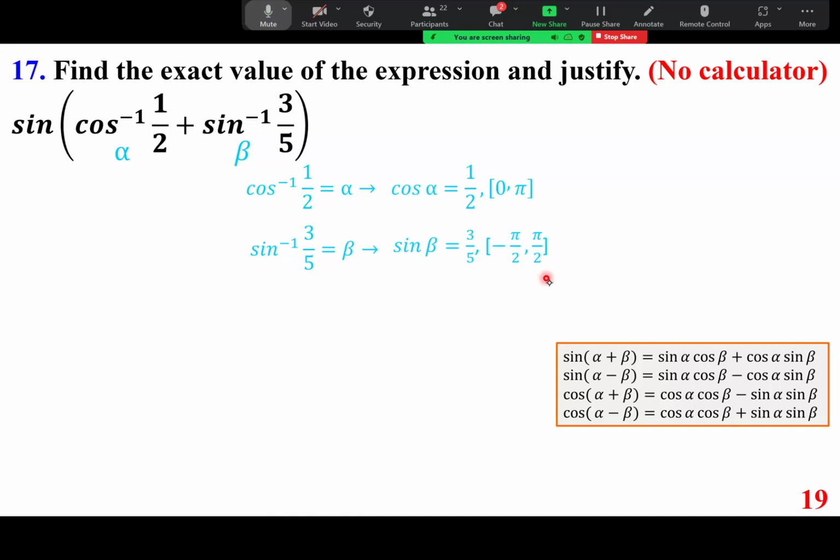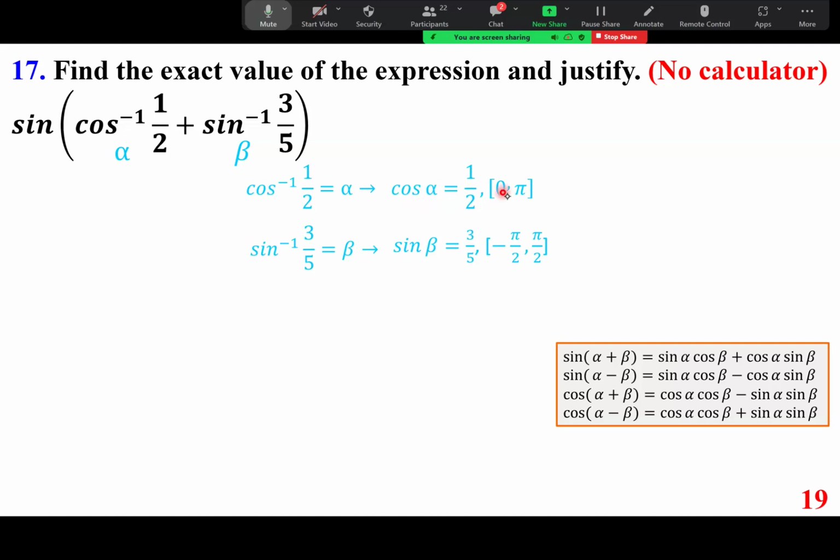Now, we have to calculate from cosine alpha, we want to go to sine alpha, and from sine beta, we want to go to cosine beta. Sine alpha is positive in the first and second quadrant.